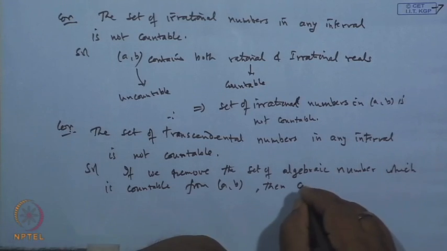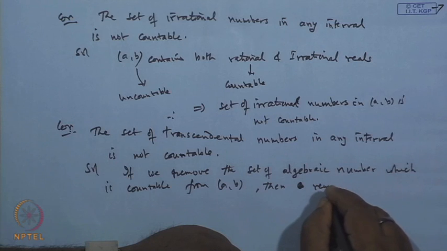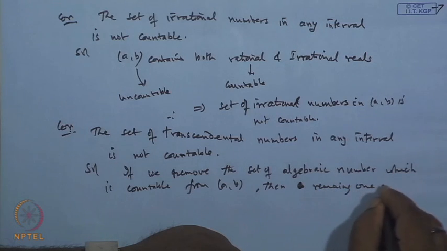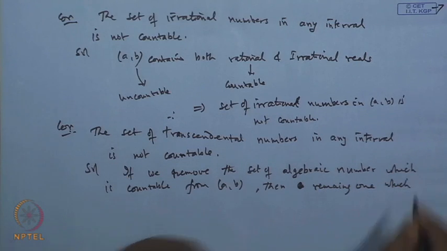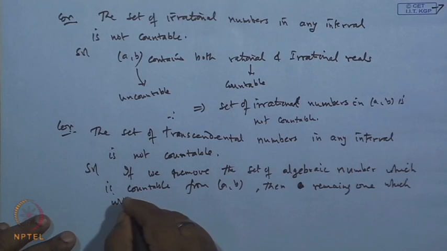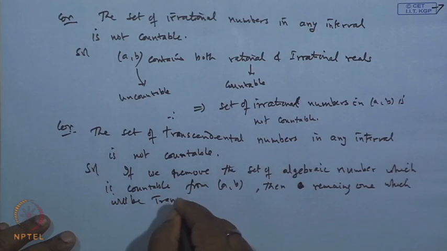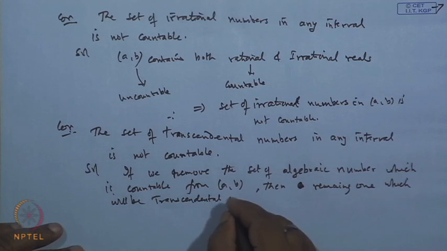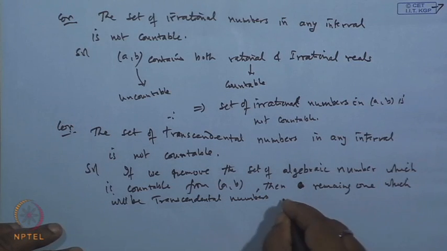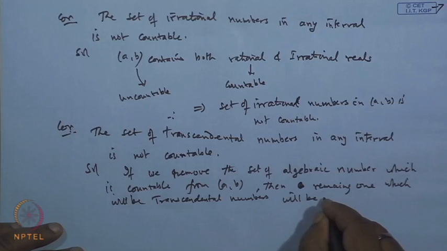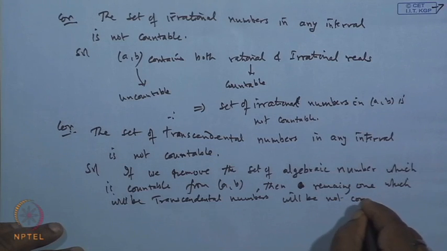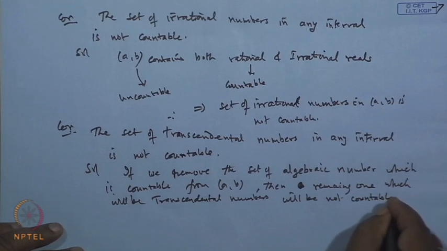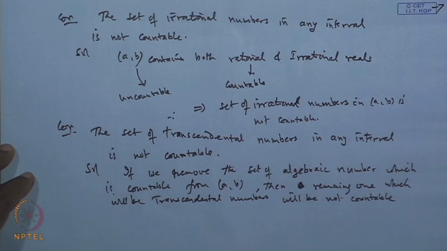The remaining one, which is the transcendental numbers, will not be countable. And that is one. Okay.